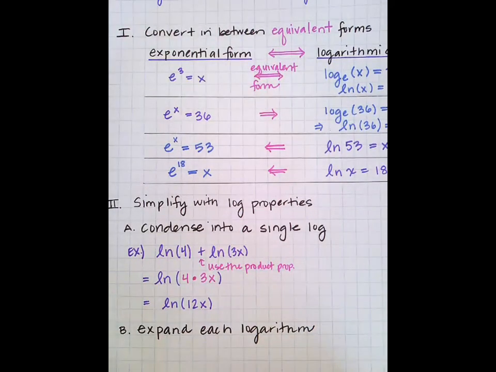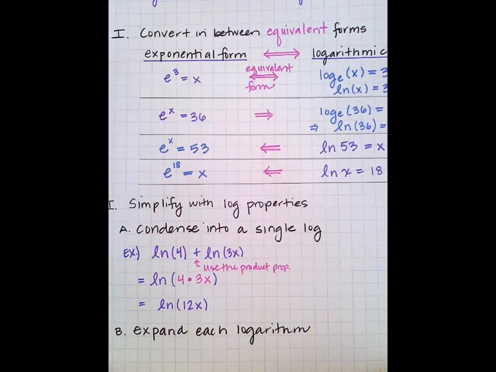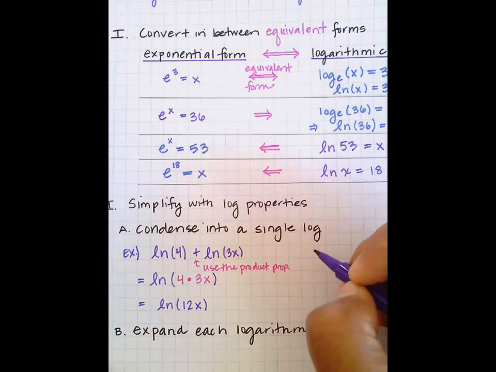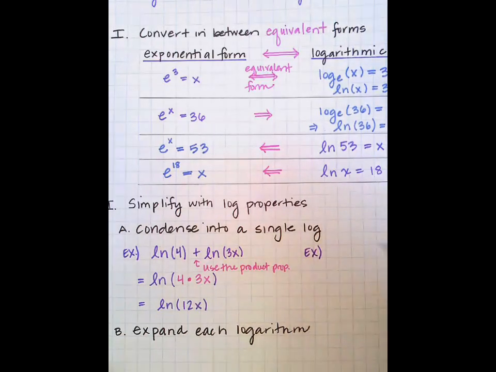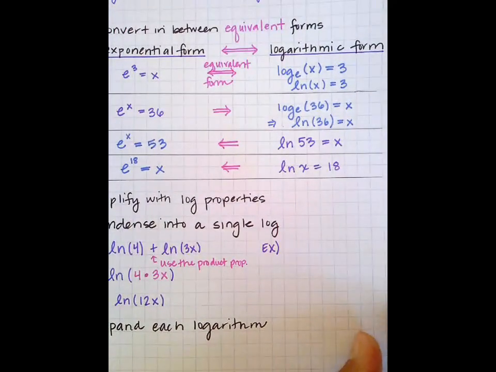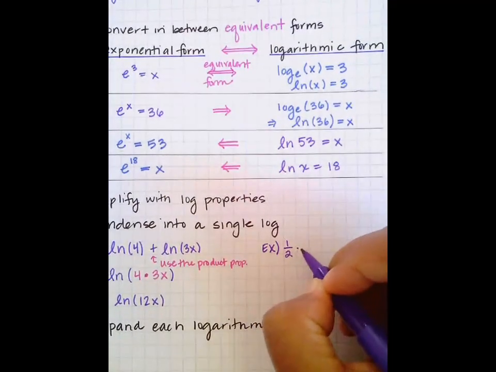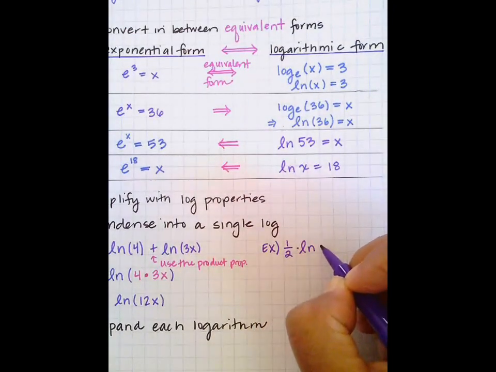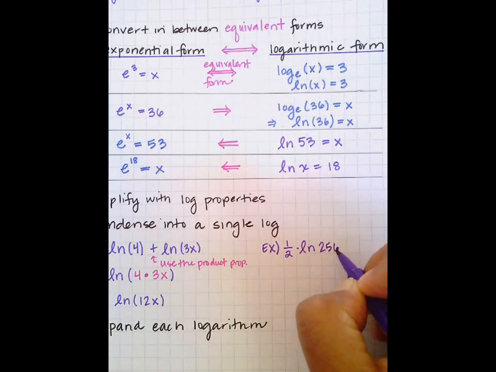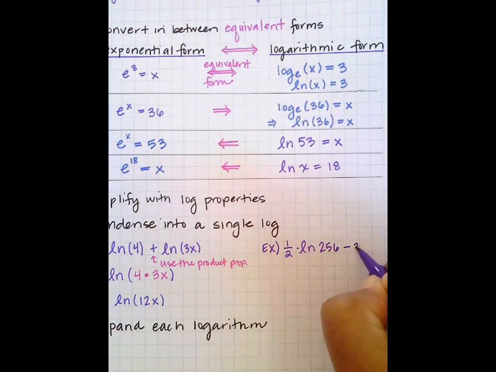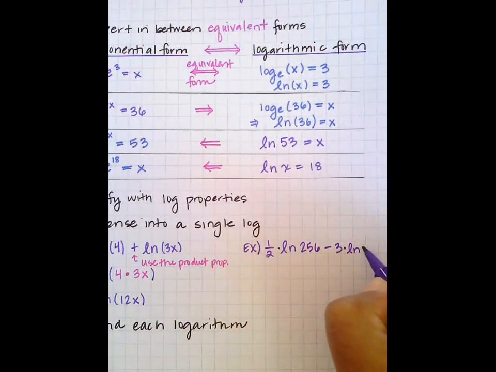For a second example in this same section where again you're asked to condense a log, I'm going to now use the power property for the next example. So example number 2 in this section is if you have 1/2 the ln of 256 minus 3 times the ln of 2.